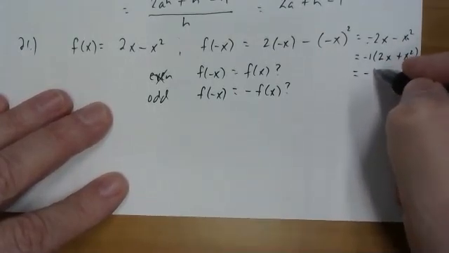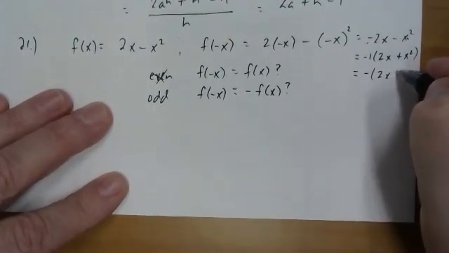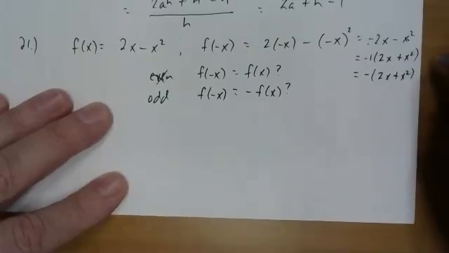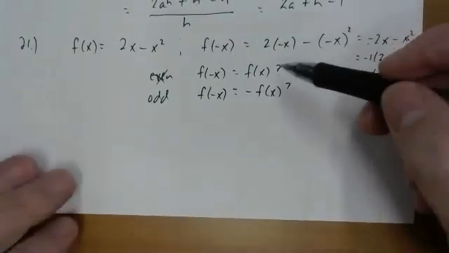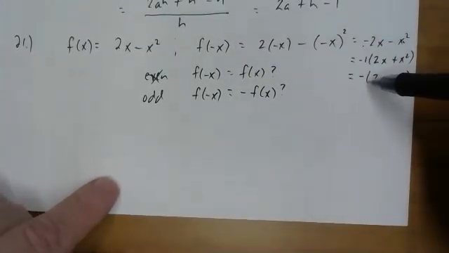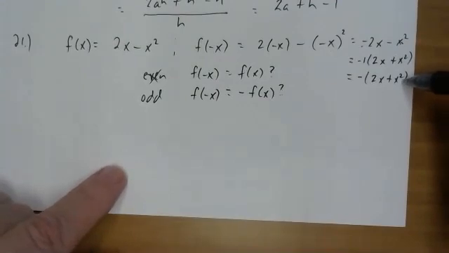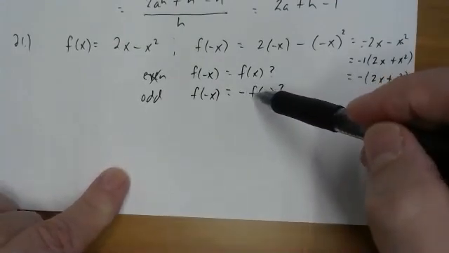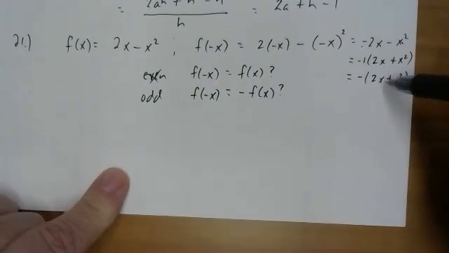Now, the reason I do that is because for the odd test, I've rewritten f of negative x like this. Does that equal a negative of my original function? So here's a negative. Is this the original function?